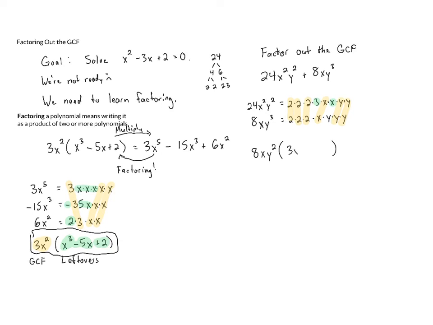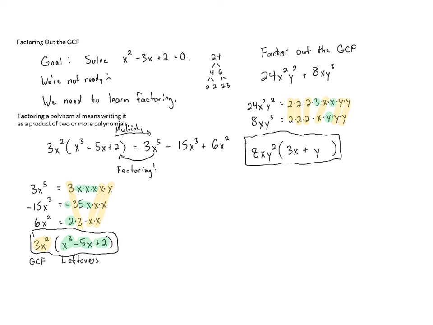So the first leftover is going to be 3x. And then plus, if we look at the leftover in the second one, we just have a y there. So we've got 3x plus y as our leftovers. And this is our factored form. If you want to check that you've factored something correctly, you can use the distributive property to multiply it out and make sure that you get what you started with.